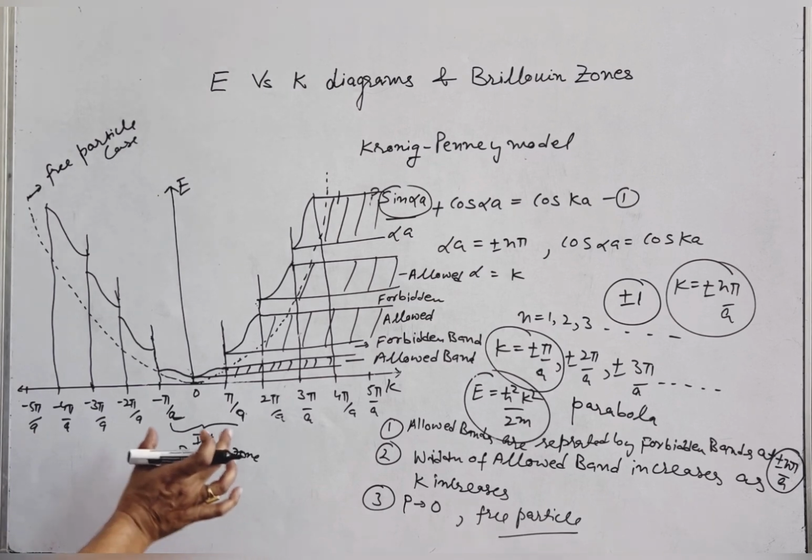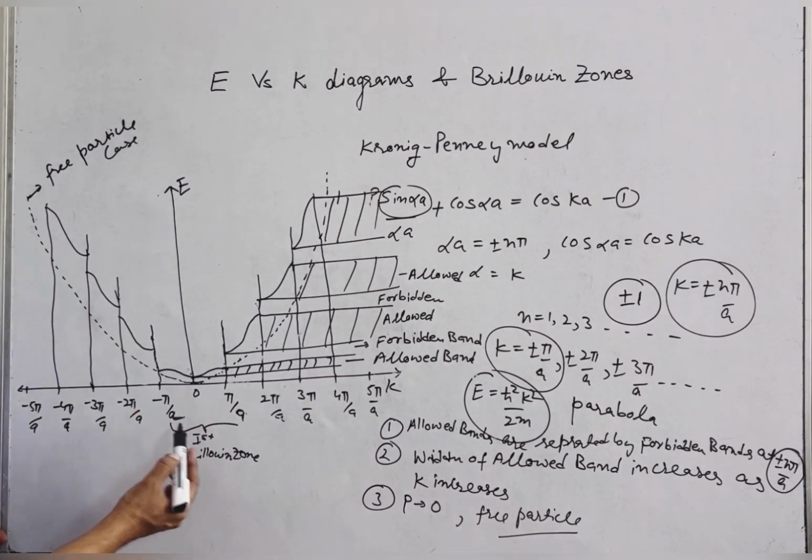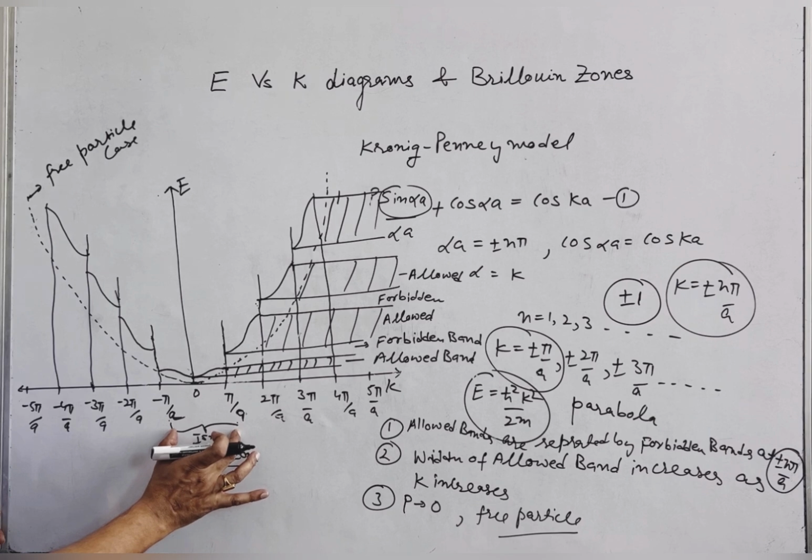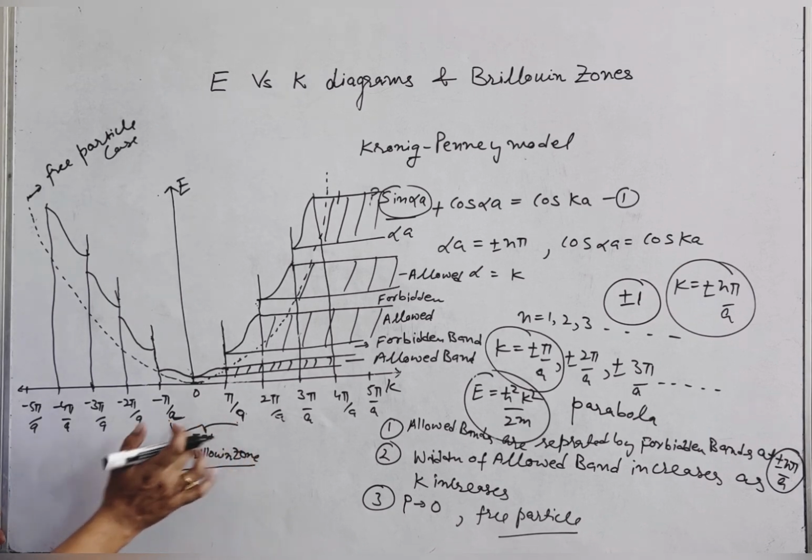Now I have shown that the region which extends from minus pi by a to plus pi by a is the first Brillouin zone. The energy values are allowed in this region, so this is called the first Brillouin zone.